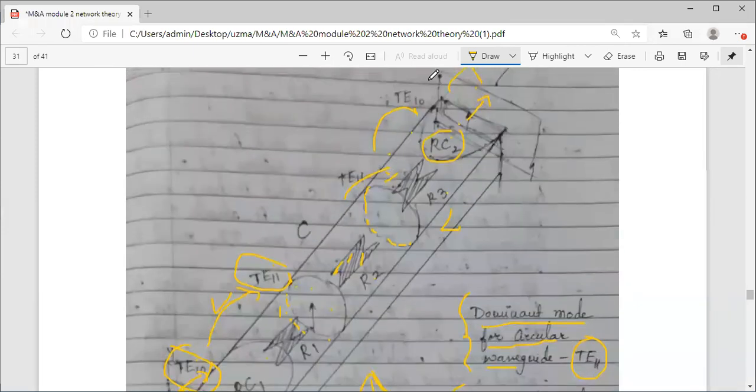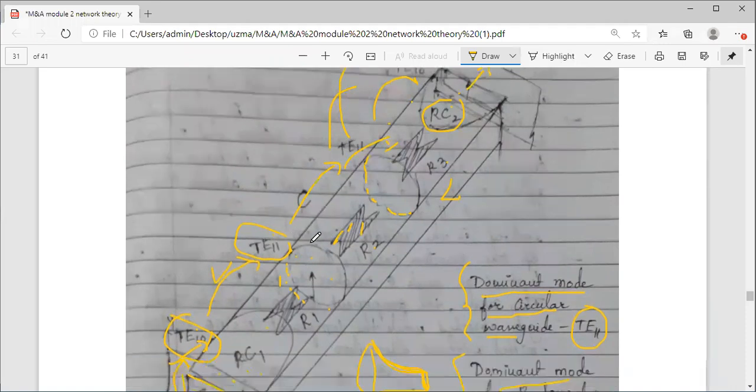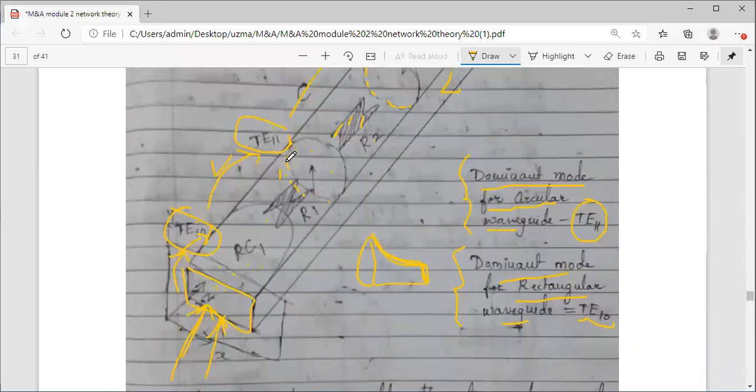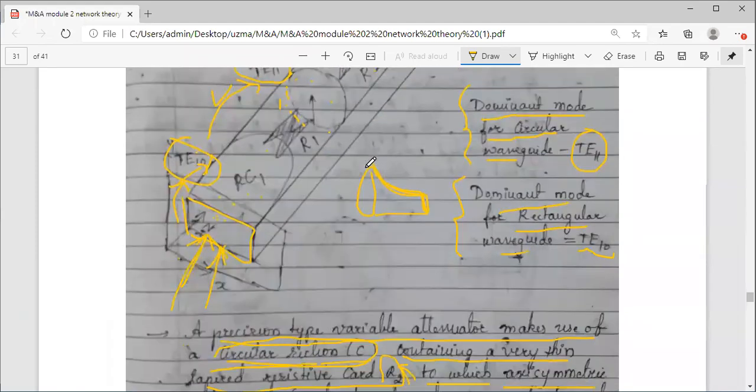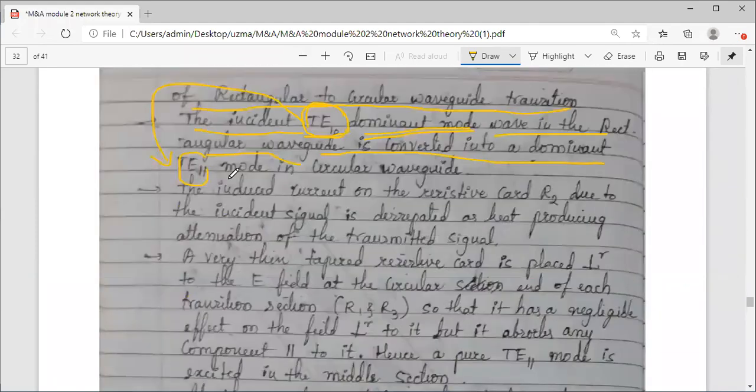And after that, again, at the other end, one more transition is there. So from here to here it remains the same, TE11. Again, one more transition exists here. So TE11 is again converted back to TE10 mode. As the transitions happen, modes are getting converted, TE10 to 11, then from 11 to 10 back. So the incident TE10 dominant mode in the rectangular waveguide gets converted to TE11.